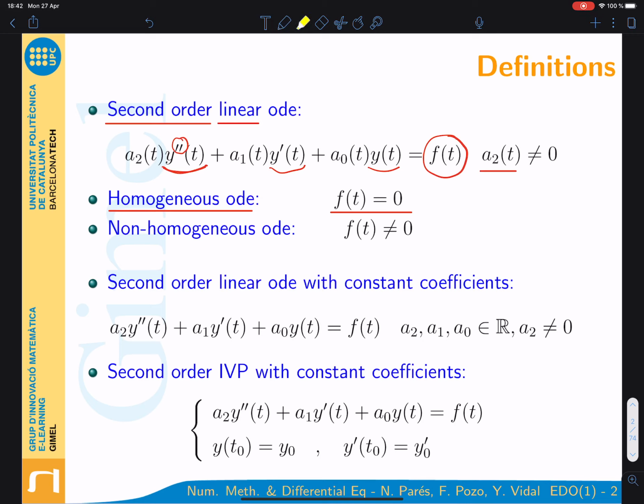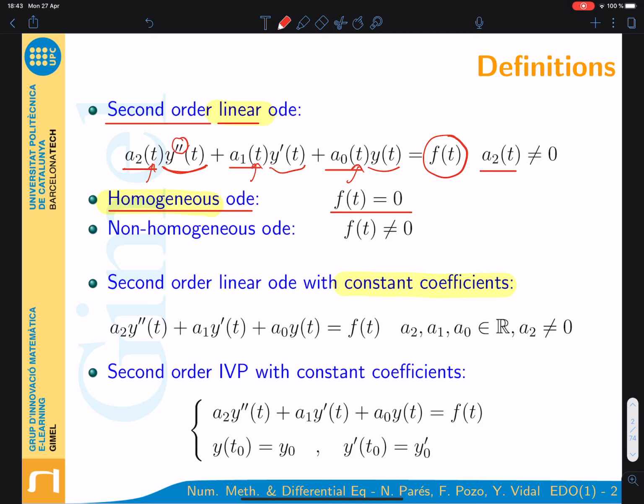So let me point here that we are dealing with linear, homogeneous ODEs, and we will add another adjective. We will only deal today with constant coefficients. Now, what's the meaning of that? You can see that the coefficients that were multiplying y prime prime, y prime, and y here were dependent on t. Okay, they could depend on t.